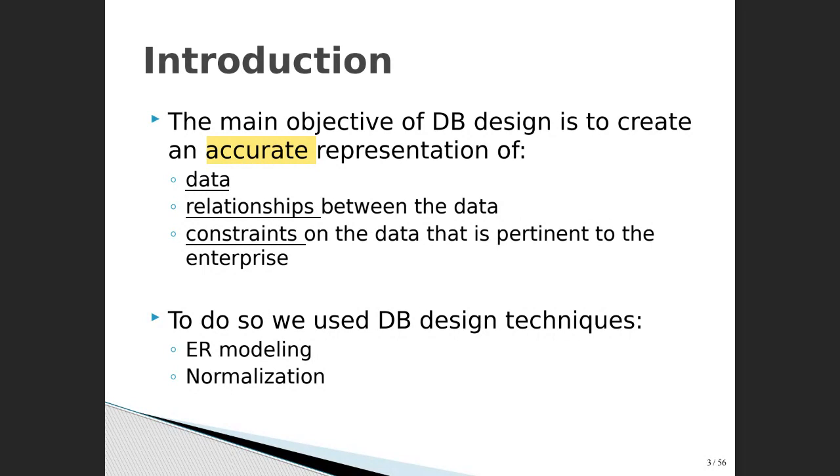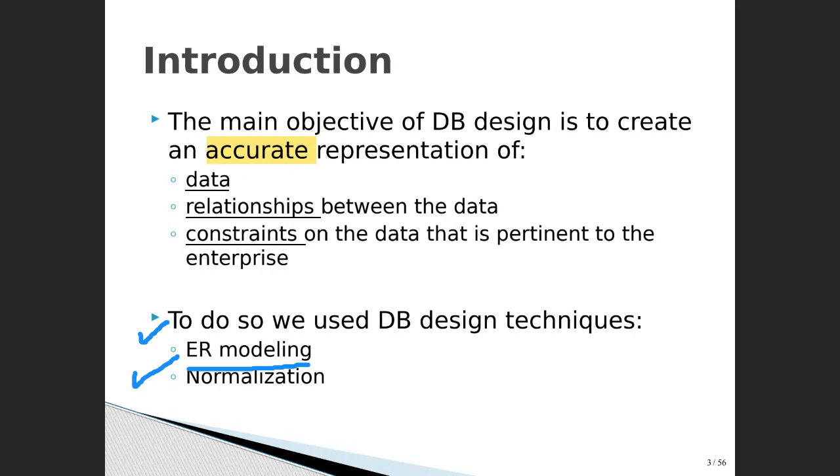To do this, we have two techniques: ER modeling and normalization. ER modeling, we finished this. We have discussed how to draw the ER diagram based on the requirements and the entity types available in any organization.